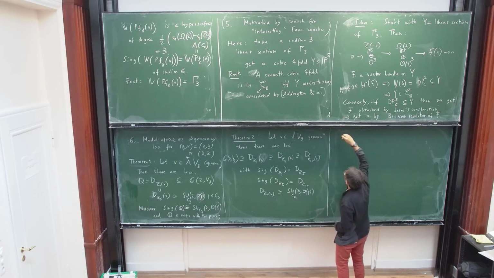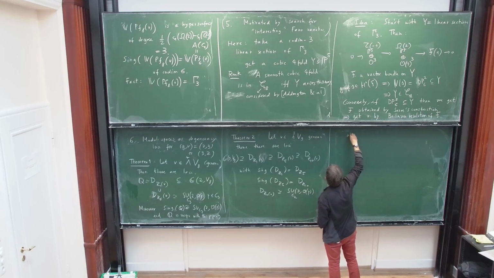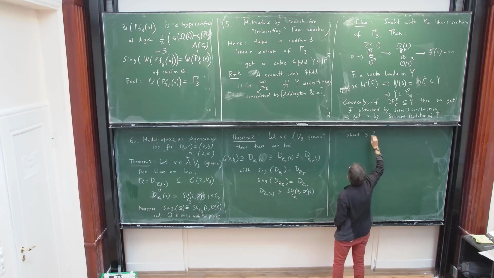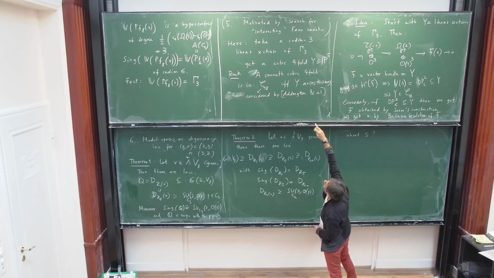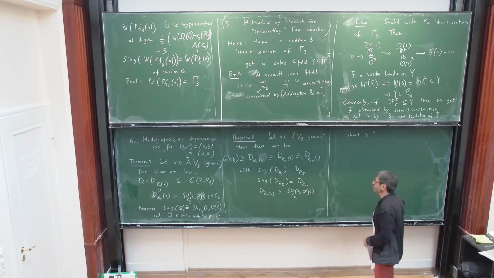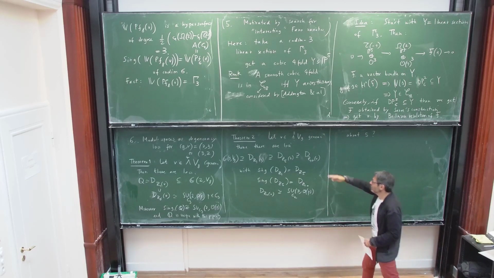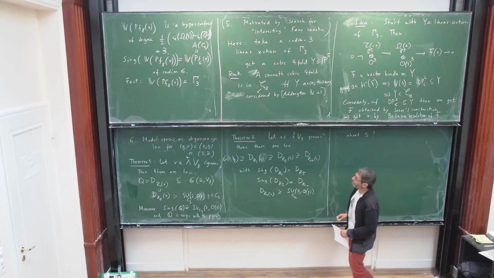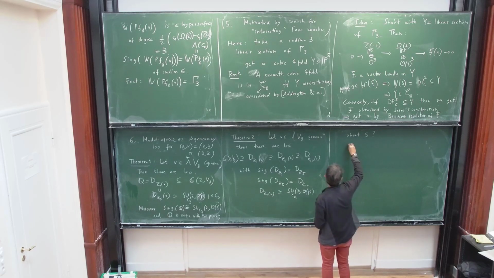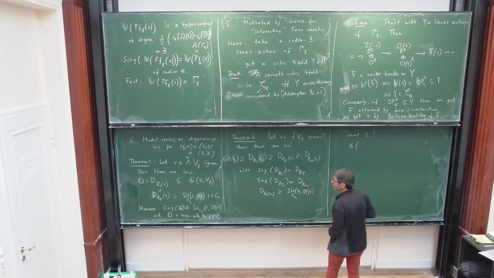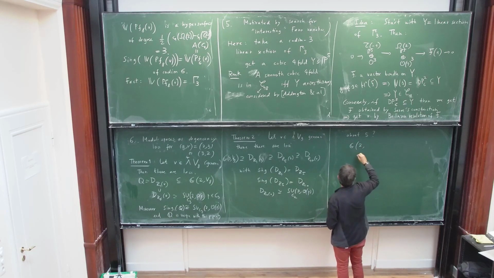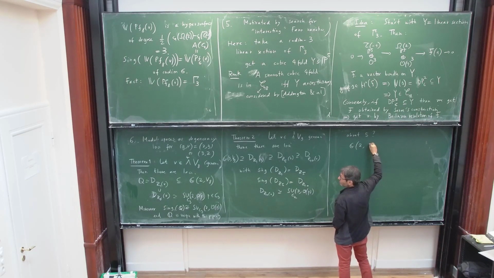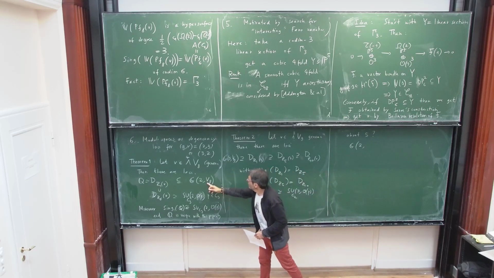If I try to connect with this topic of looking for interesting subvarieties of these loci by taking linear sections, what I can say is that for G2, this time it is more natural to take not sections of O1, but sections of a tautological bundle here.